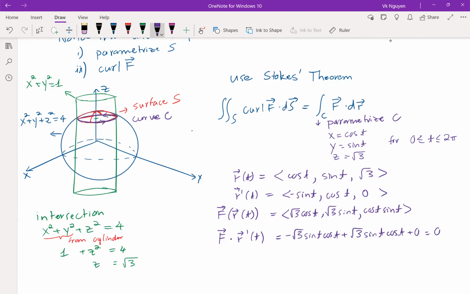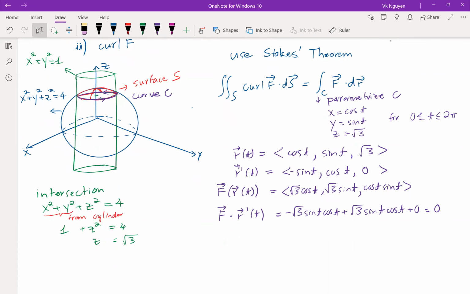So that is just 0, right? Everybody see this equal sign? It's the same equal here.